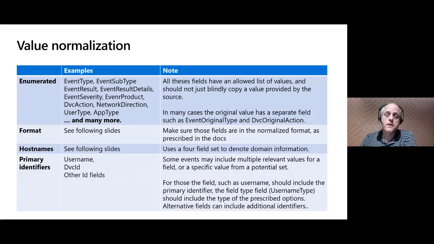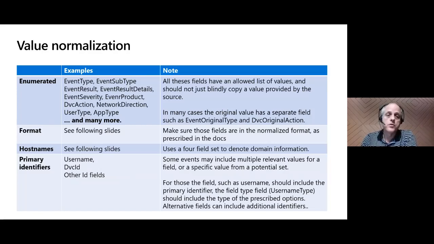As an example, I mentioned the device action value that maps whatever your firewall did with the network session. We require the values to be one of a list, and we test that in our acceptance criteria. Why? Because analytics has to have a predictable set of values, obviously. So the fields on the left are all both mandatory and have a limited set of values that are allowed.